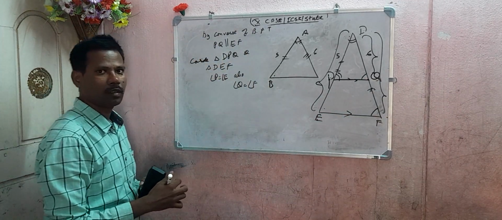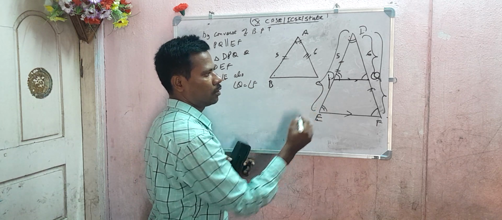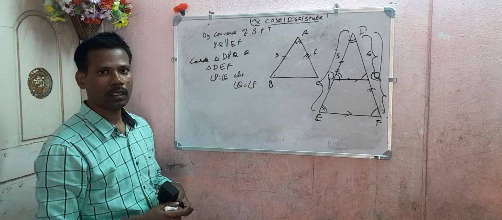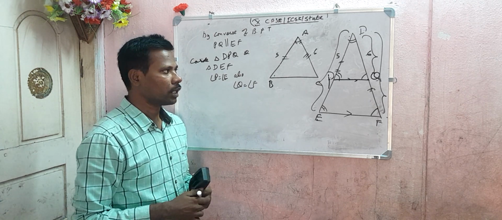Because that line is parallel to this. They are corresponding angles. Is it clear?